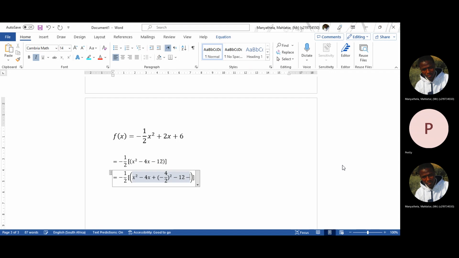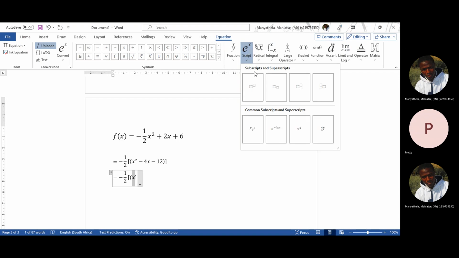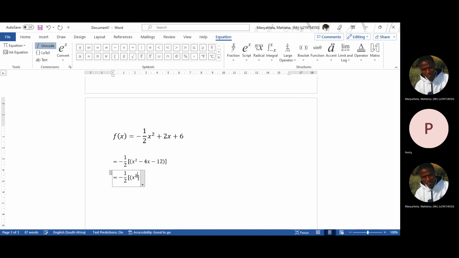Okay. So the next step, we subtract. Once we open the bracket, it is x squared minus 4x plus half of negative 4, squared, then minus 12, minus half of negative 4 squared.